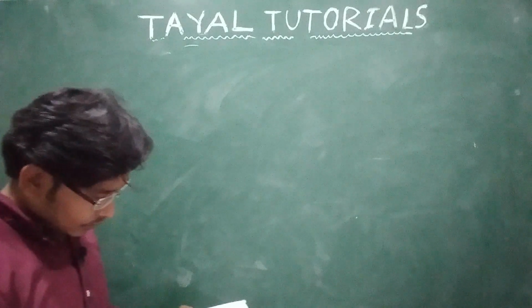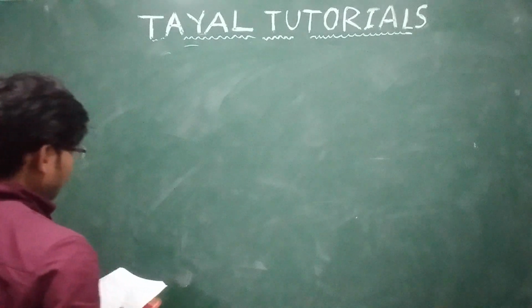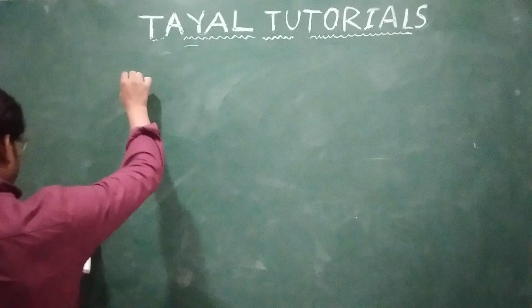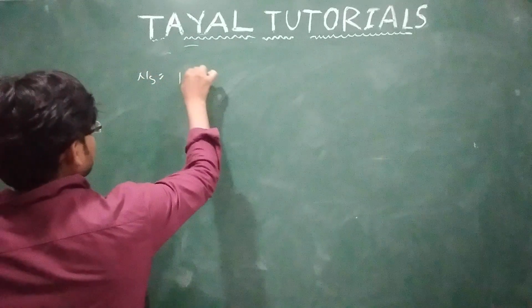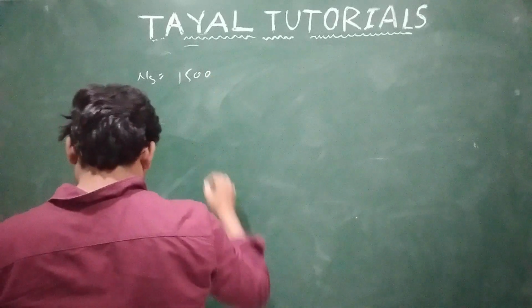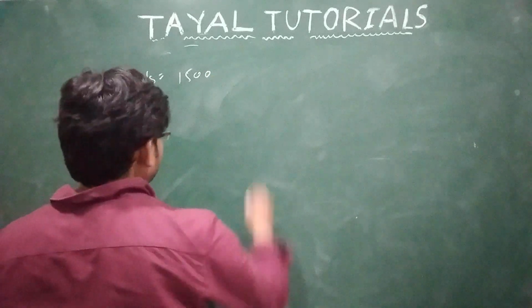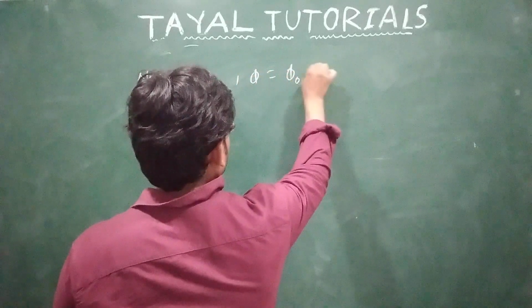So we know that to get the output voltage, we need d phi upon dt, and phi they have given. Let's say ns, your secondary turns, is 1500, and the magnetic flux linked with the primary is given as phi naught plus 4t.